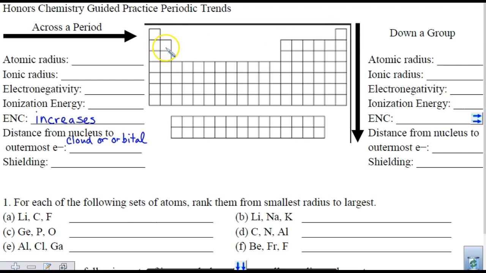When you get to row 2, they have 2 levels. Row 3 has 3 levels. But if you're just looking at row 2, 2s electrons and 2p electrons, their clouds are approximately the same distance from the nucleus. So we're not significantly changing the distance as what happens when you go down the group. So for here, I'm going to put stays the same.